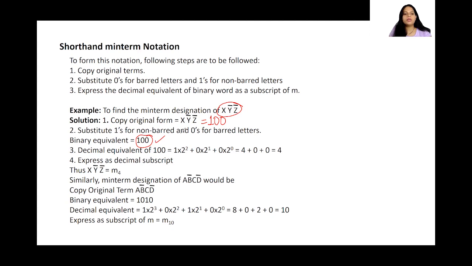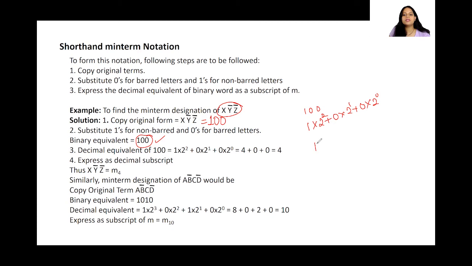Next, what it is saying: express the decimal equivalent of the binary word as a subscript of m. So how do we find the decimal equivalent of a binary? This we all have learned in first year, isn't it? If there is 100, how am I going to find the decimal equivalent? 0 into 2 plus 0 into 2 plus 1 into 2, and start giving the power from 0, 1, 2.